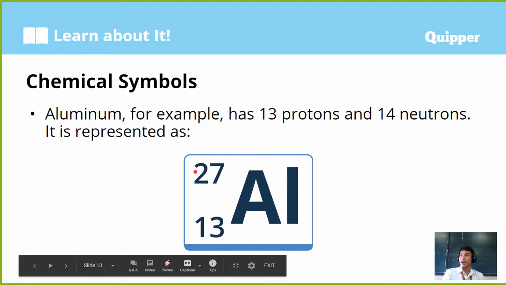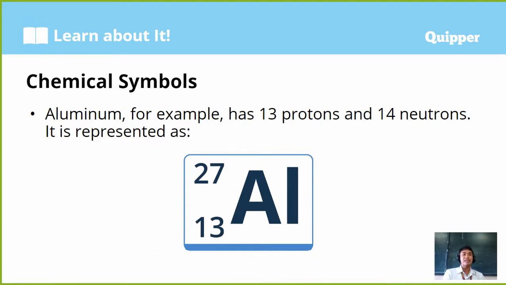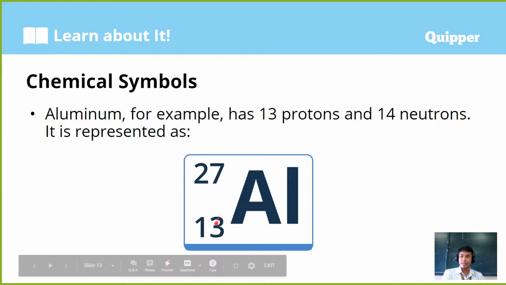So, if I ask you, what is the number of neutrons? Anyone? You can message. You can speak. What is the number of neutrons here in this case? Supposedly you're just seeing this symbol, Al 27, 13. What is the number of neutrons of aluminum?